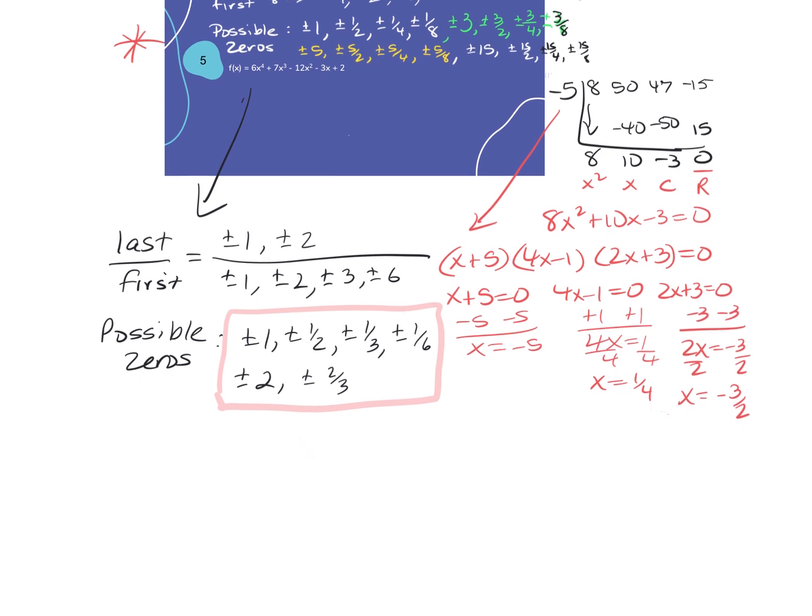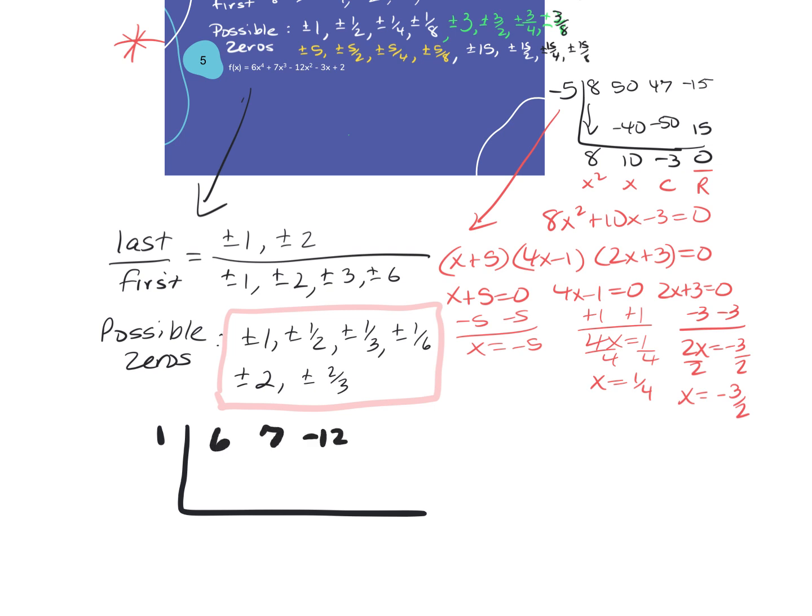Now, I went ahead and I keyed it into my graphing utility, and I found that 1 is a 0 from this list of possible zeros. That actually works. So let me go ahead and type in my coefficients. So 6, 7, negative 12, negative 3, and then positive 2.